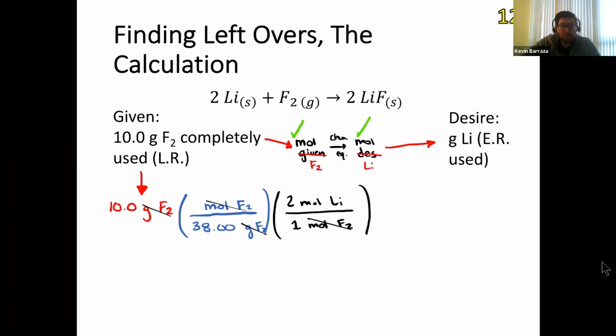That's going to be a final molar mass conversion, moles to grams. It's the opposite kind of conversion because it's going the other way, but we do it the same way. We look up lithium and we're going to make sure we put it in the fraction correctly. 1 mole of lithium is 6.94 grams. So I'm going to put 1 mole on the bottom: mole of lithium is 6.94 grams of lithium. And we just double check we have it right. There we go.